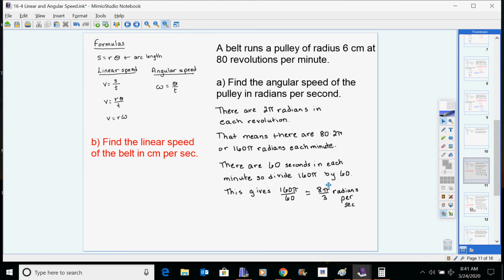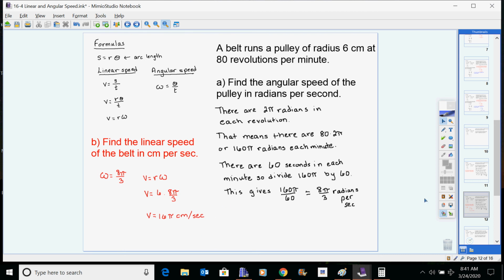We've just found omega, and we know our radius. Our radius is 6. So when we multiply this out, what we're going to get is 16 pi centimeters per second.